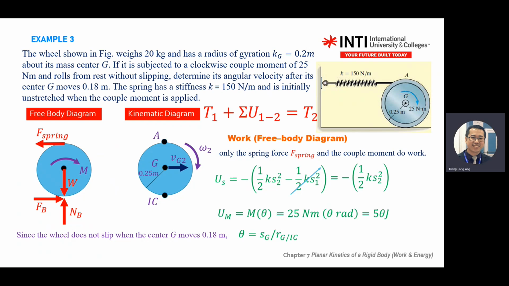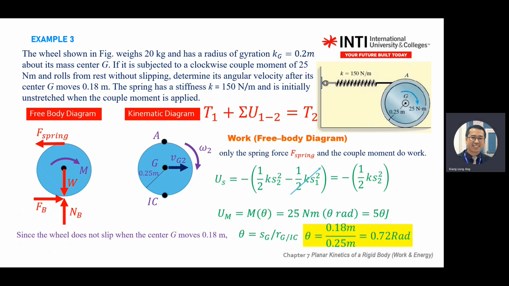Since the wheel does not slip and it moved 1.8 meter, it tells you G moved 1.8 already. It means you can find the angle. Then this one was stretched 0.18. The S also rotates 0.18. So from there you can find the angle, right?